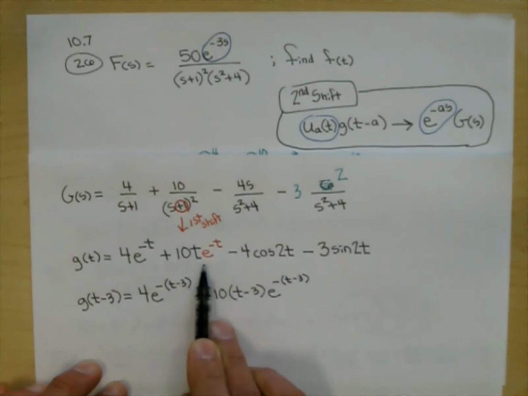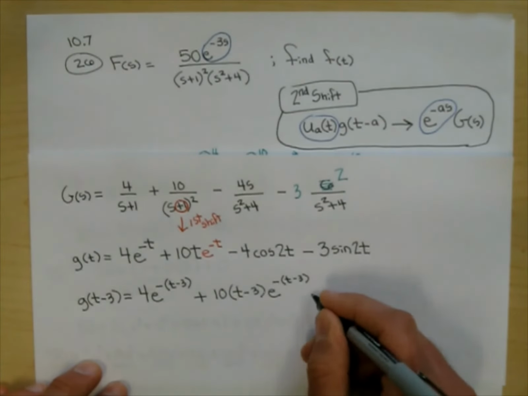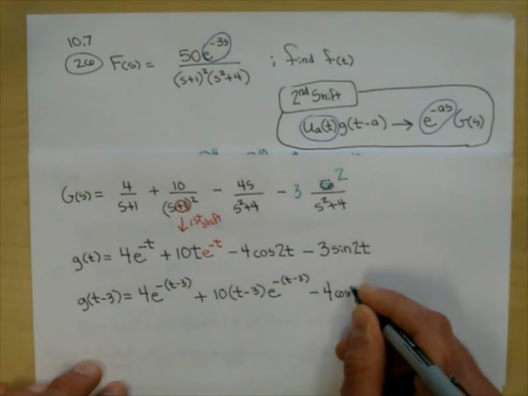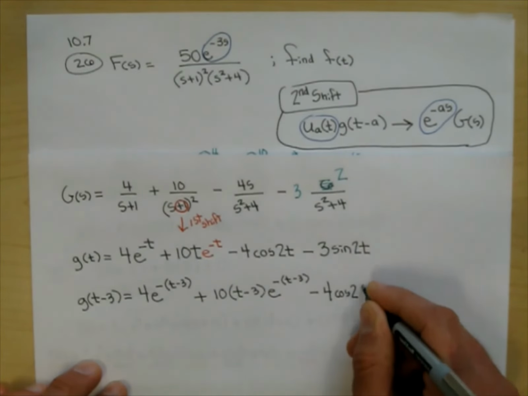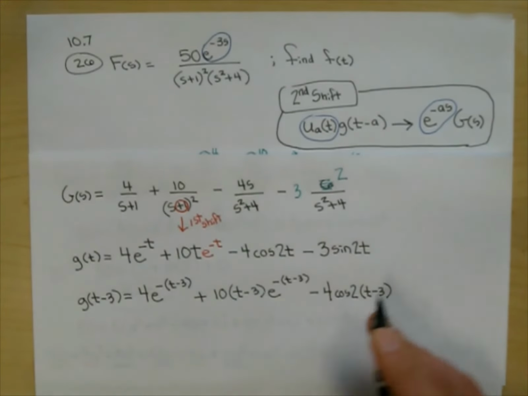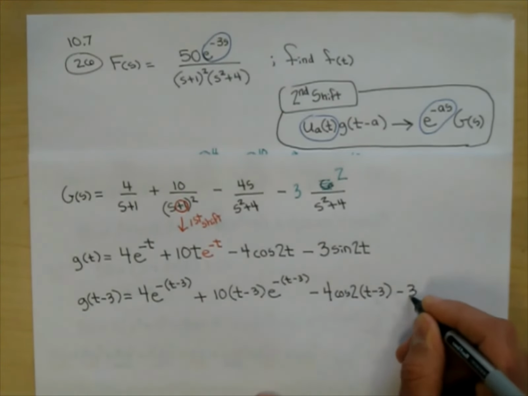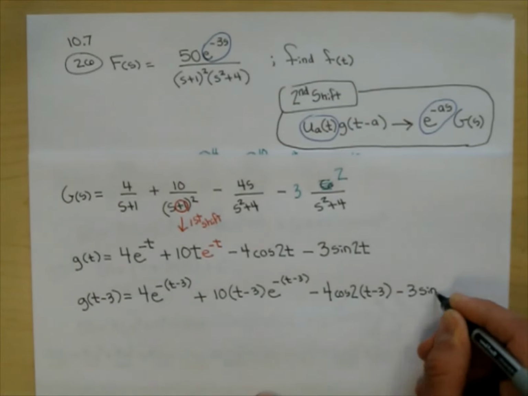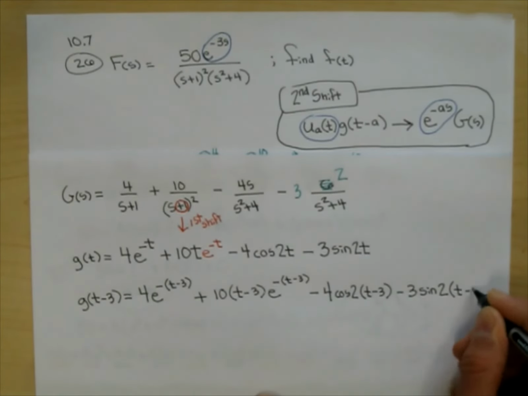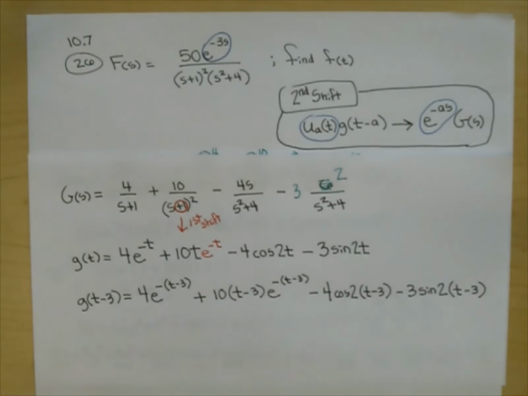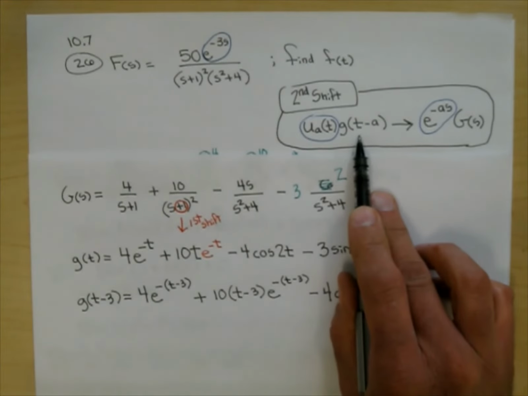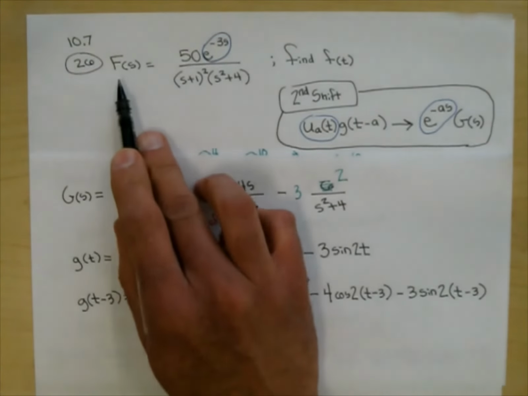And then I have minus 4 cosine 2 times t minus 3. And then we have minus 3 sine 2 times t minus 3. Okay, so I have this written out here. And now I'm ready to write out what little f of t is.